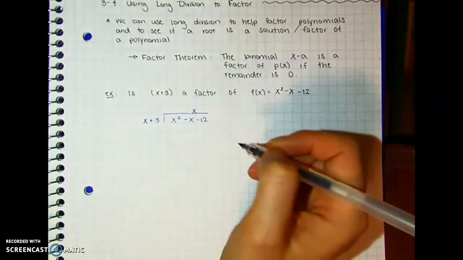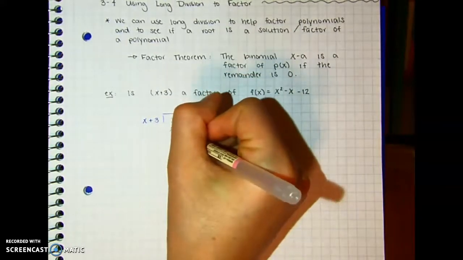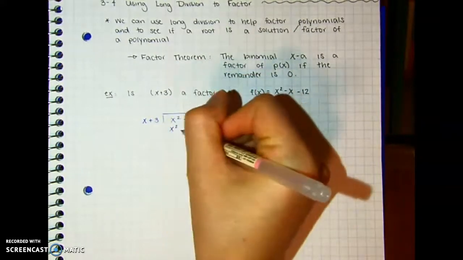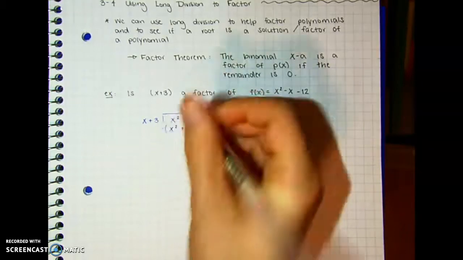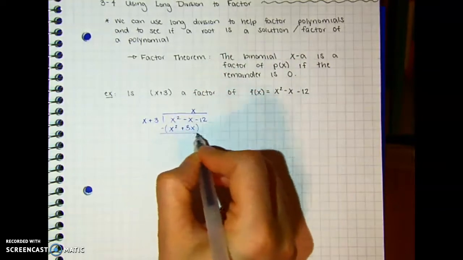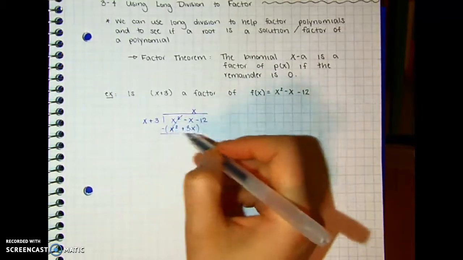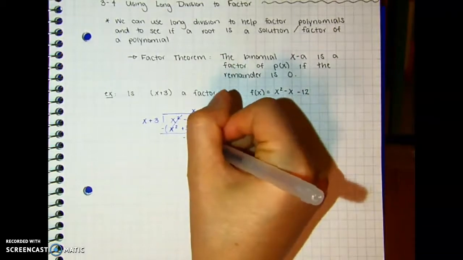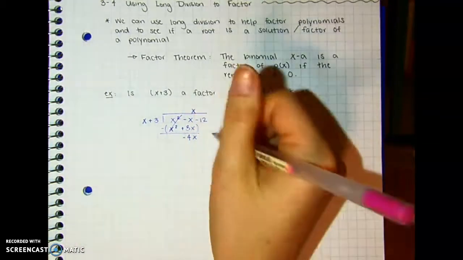And that's going to be x. So then we do x times x is x squared. X times 3 is 3x. Put them in parentheses and subtract. So x squared minus x squared cancels, and negative 1 minus 3, that'll be negative 4x. And then we're going to bring down that negative 12.